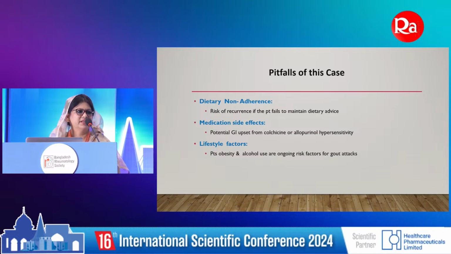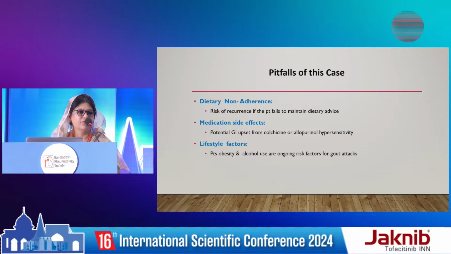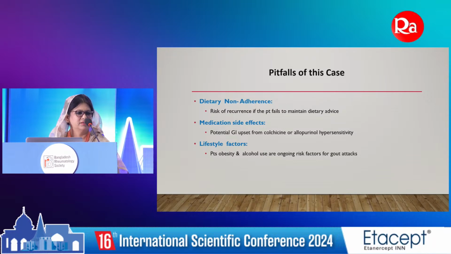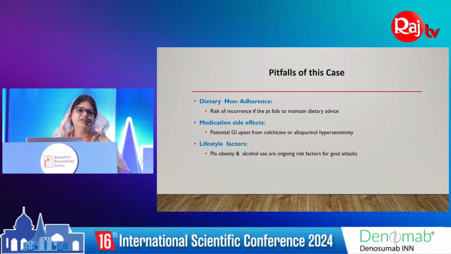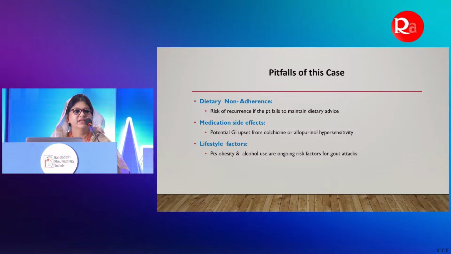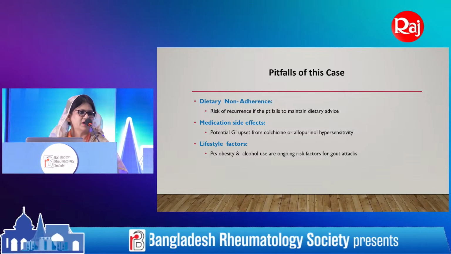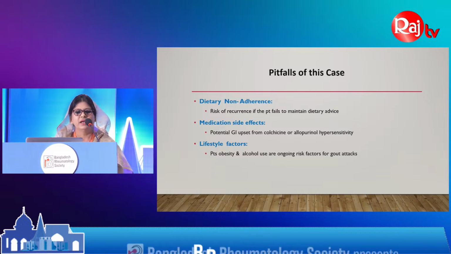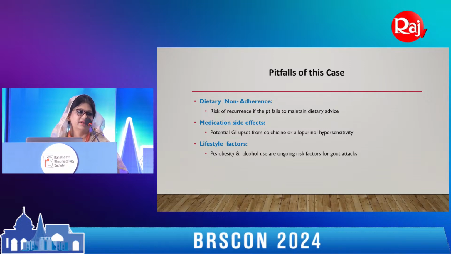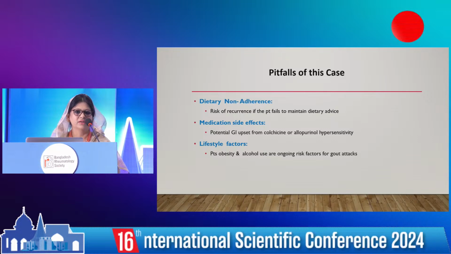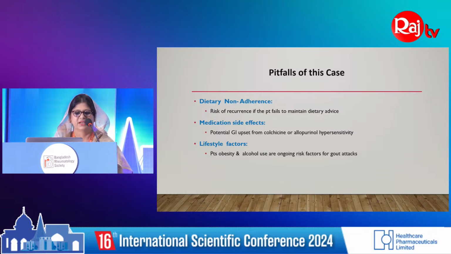And medications that are used for gouty arthritis have many side effects. Like in case of colchicine, there are GI upsets and the patient used to stop the medication, and for this they have a flare of the disease again. In case of long-term urate-lowering drugs, especially allopurinol, there may be hypersensitivity reactions, which may range from slight skin reaction to toxic epidermal necrolysis.